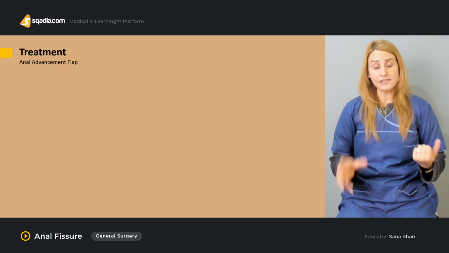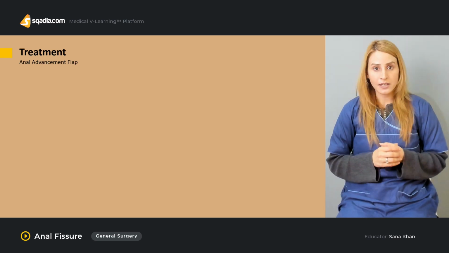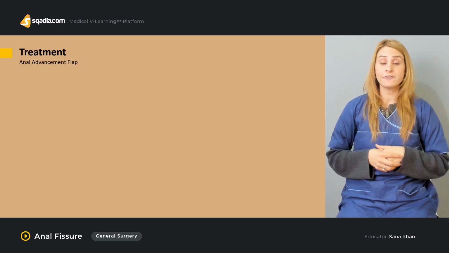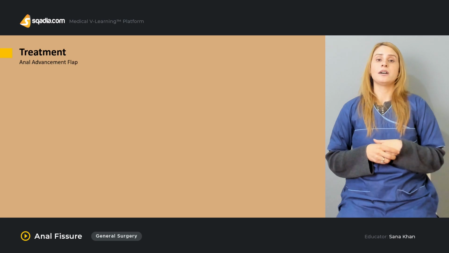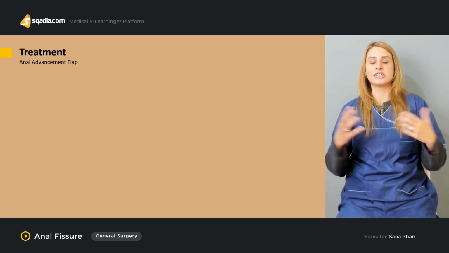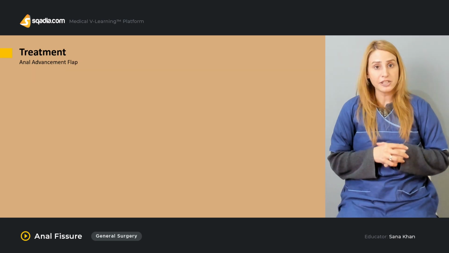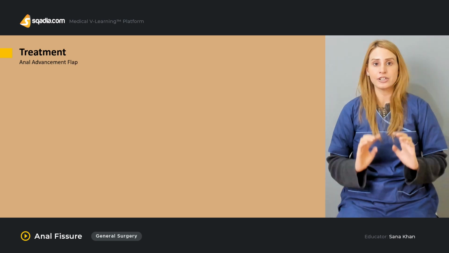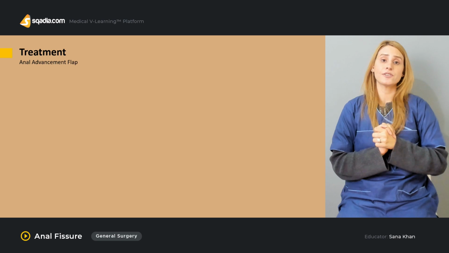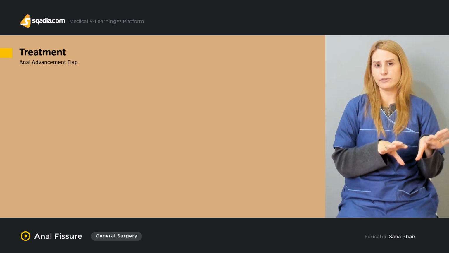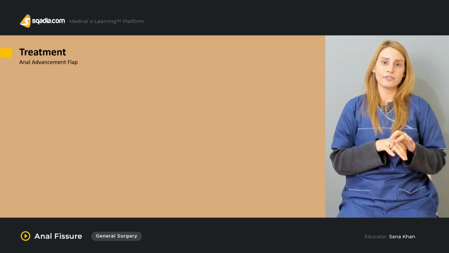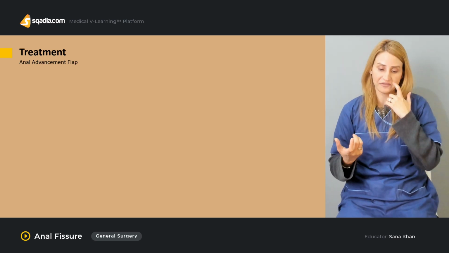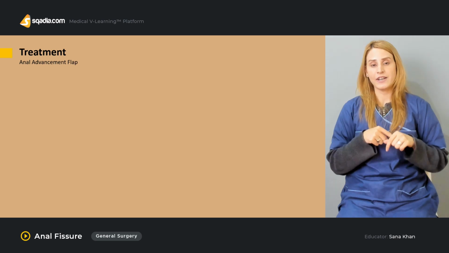There are multiple ways of taking flaps. There can be VY flaps, and rhomboid flaps, which are the diamond-shaped flaps, and they can be used depending upon the area. So in case of the anal repair, after the excision of the chronic ulcerations, chronic anal fissures and anal tags, a defect area is created.